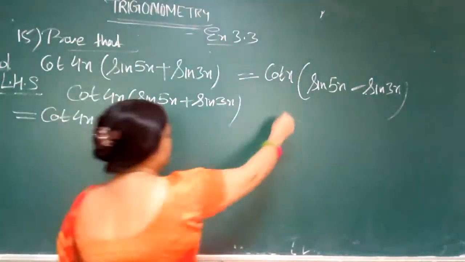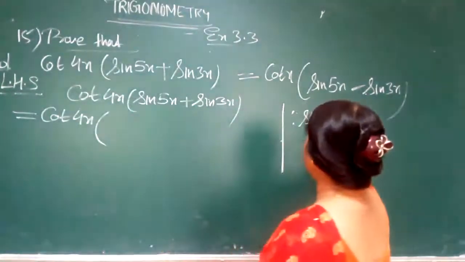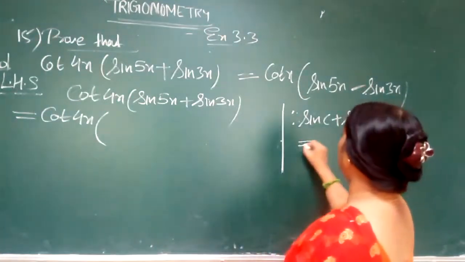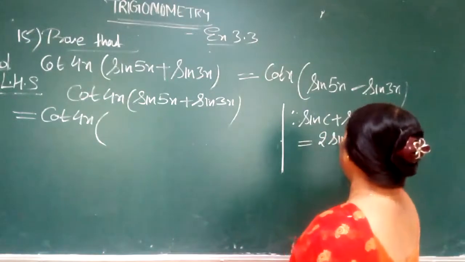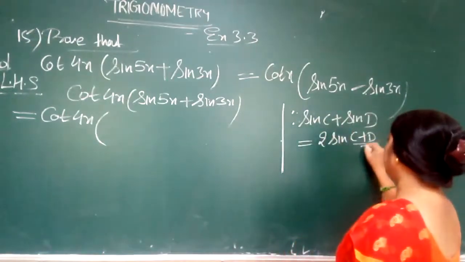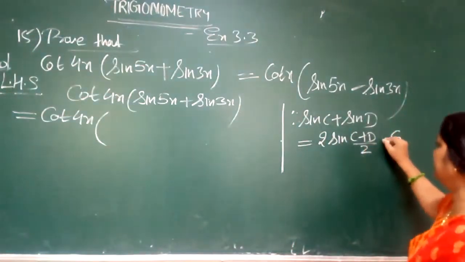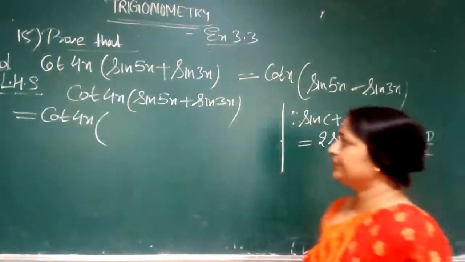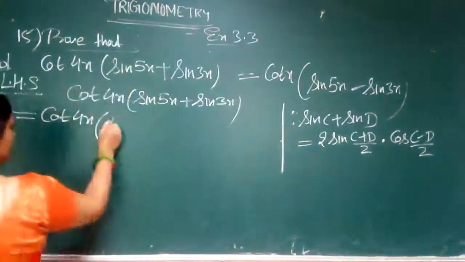So apply the formula, cot 4x. What is the formula? Sin C plus sin D. I told you the formula. The formula is 2 sin C plus D by 2 into cos C minus D by 2. So what will come here? Apply the formula.